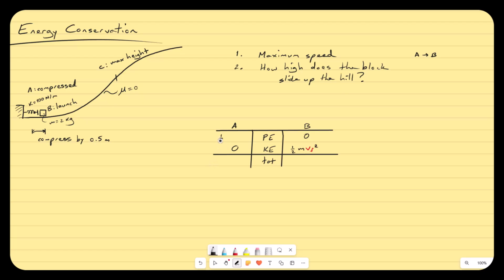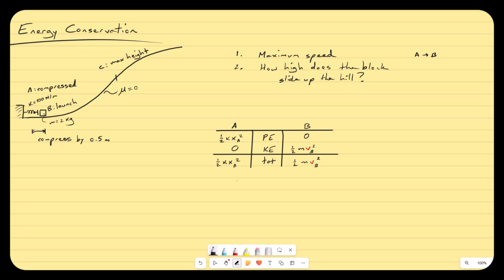So I'm going to have a 1/2 k x squared kind of energy, and that's my total. 1/2 k x initial squared, 1/2 m v final squared. Or if you don't want to use initial and final, and maybe we shouldn't, I can use A and B. Then we'll keep going.